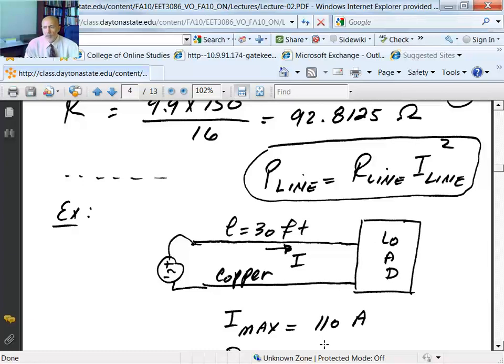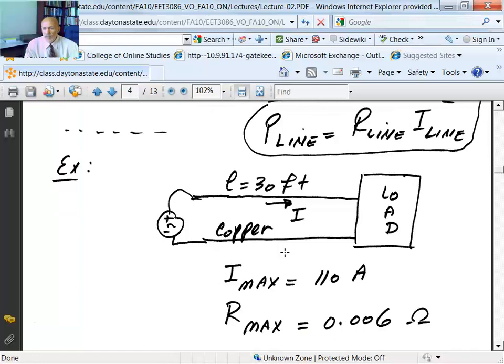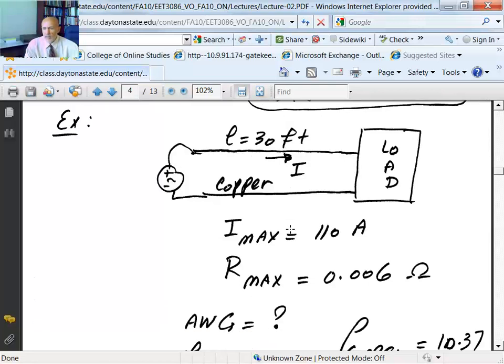The load requires a maximum current of 110 amps, and you want to limit the resistance of the line to 0.006 ohms, so very small, very close to zero, again to minimize the losses on the transmission line. And you want to determine what wire gauge you want to use.